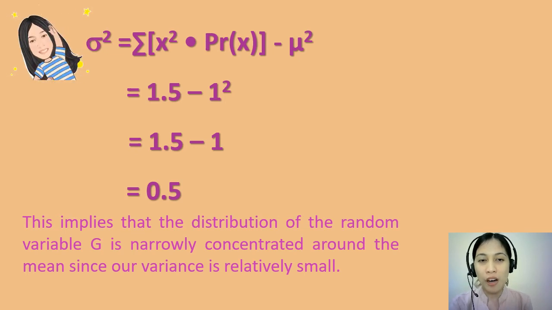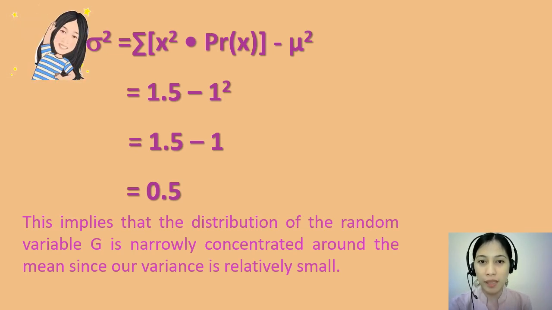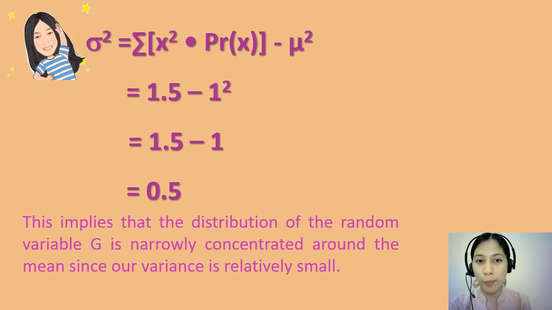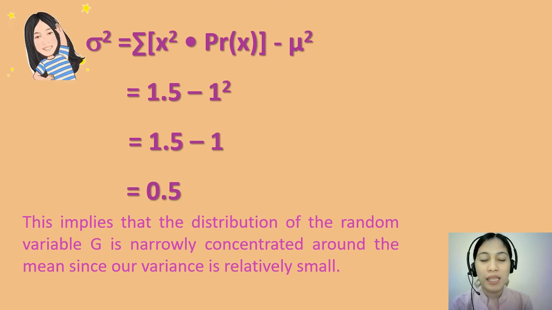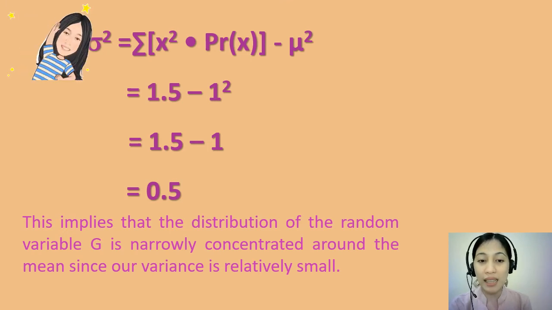The sum of all x squared times the probability of x is 1.5, then minus mu squared, which is 1 squared, and that will give you 1.5 minus 1, and that is equal to 0.5. This implies that the distribution of the random variable g is narrowly concentrated around the mean since our variance is relatively small.